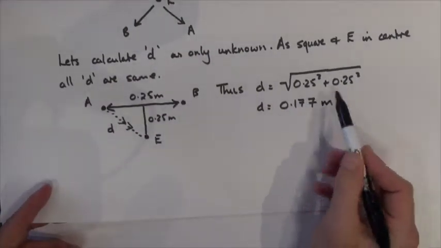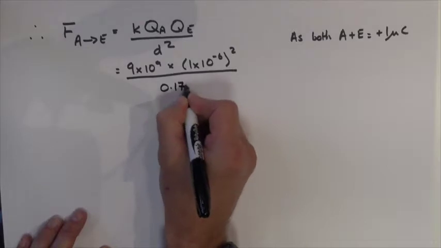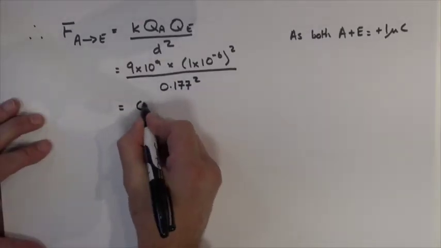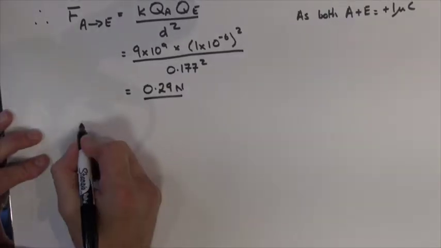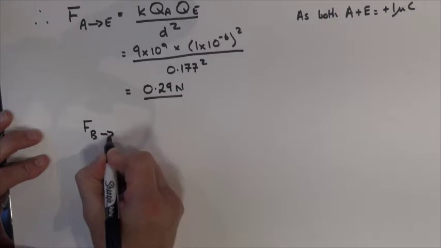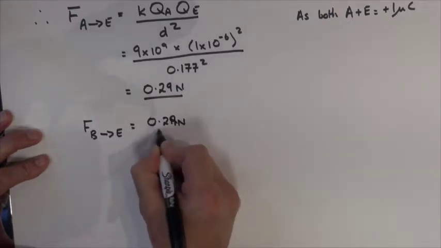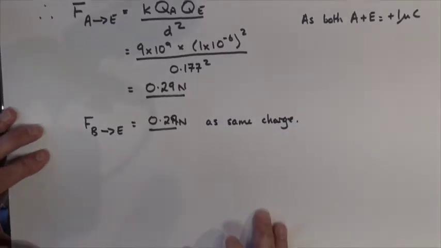We know that the distance, as we calculated earlier, was 0.177, so we square that as well. As a result, the force that will be generated at 45 degrees on E will be 0.29 newtons. As charge B is the same as A, it will also be 0.29 newtons.